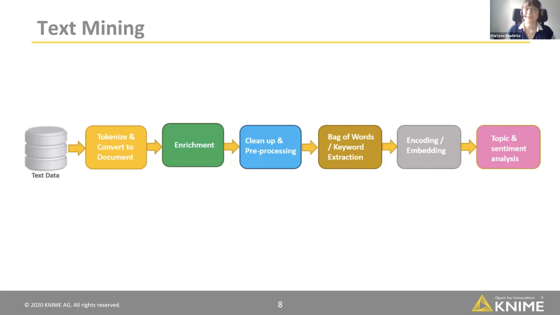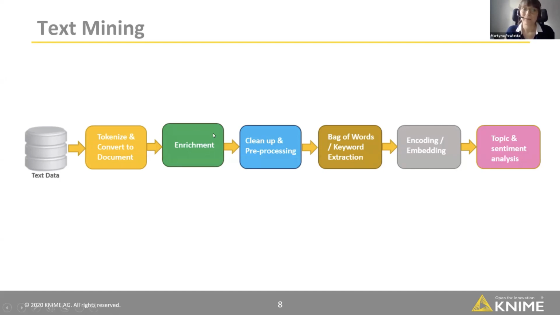Okay, so let's start with text mining. Text mining is a process of transforming unstructured data into meaningful information. The whole process can contain different steps, but as every analysis needs to start with reading data and converting the data into a proper format that can then be used for further analysis.